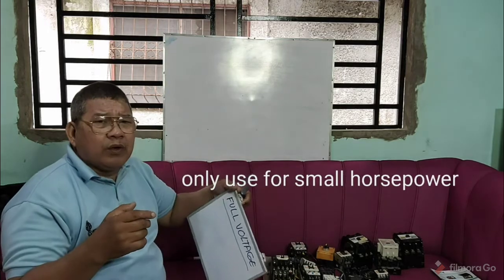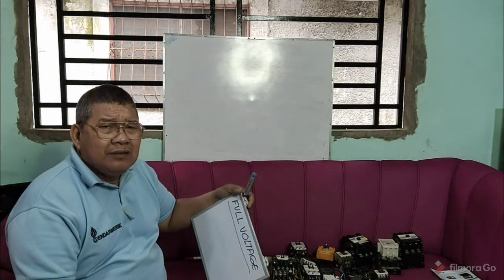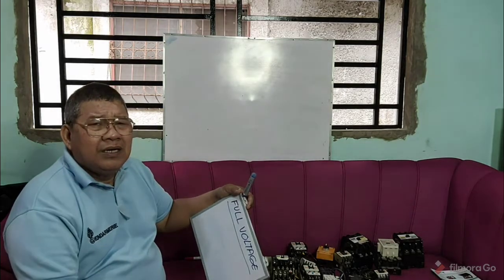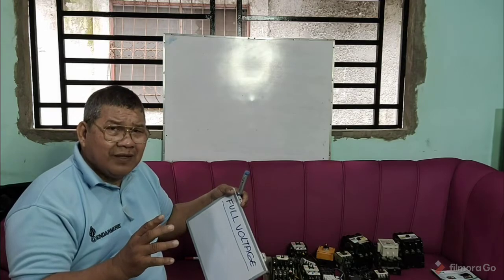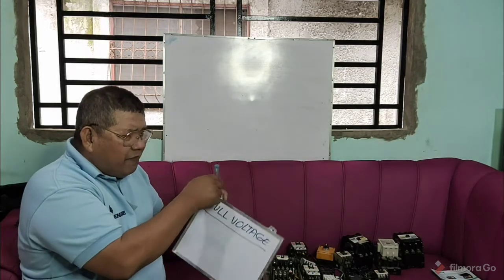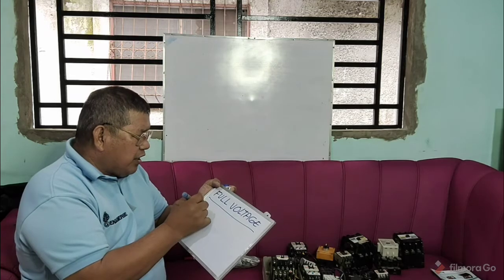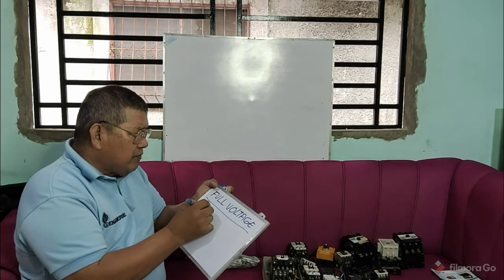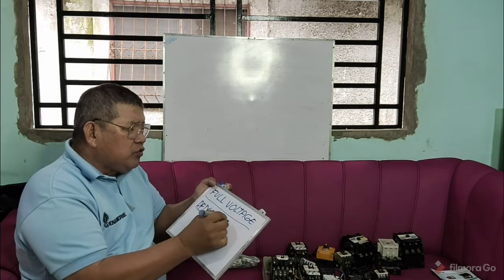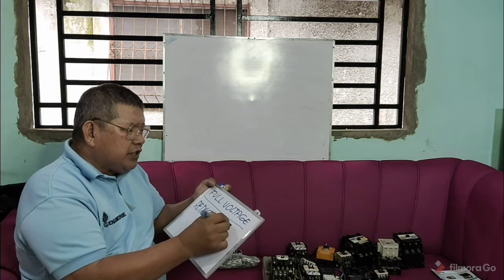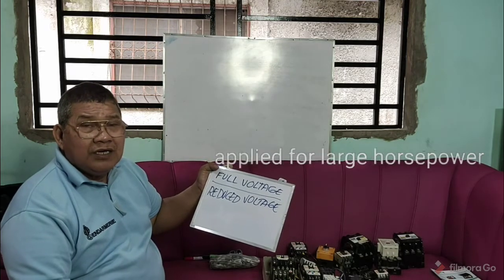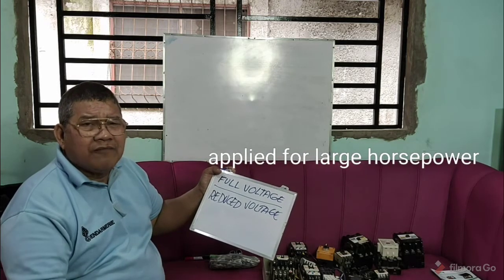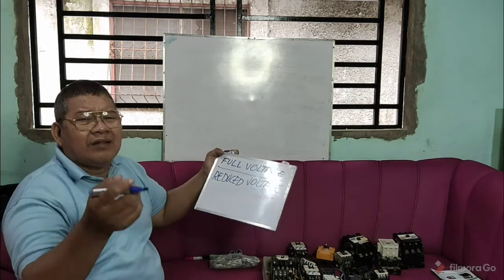But if the horsepower goes beyond 5 horsepower or maybe even 10 horsepower, then you need another class or type of magnetic starter. Again, we have the full voltage, and then the other one is the reduced voltage. Reduced voltage is applied for large horsepower, that is more than 10 horsepower: 25, 50, 100, and so on.